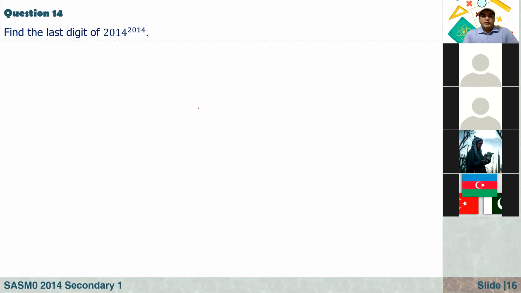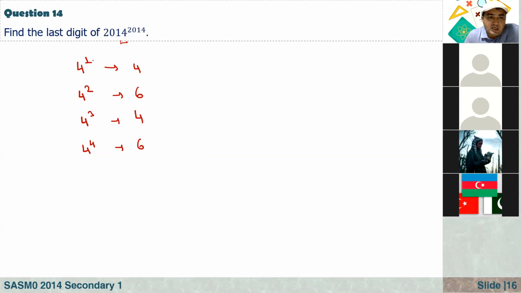Because simply, this 2014, it says find the last digit of this number. So it depends on this 4, right? So now if you just check this, 4 to the power of 1, the last digit is 4. 4 squared, 16, the last digit is 6. 4 cubed, the last digit is 4. 4 to the power of 4, the last digit is 6 again.